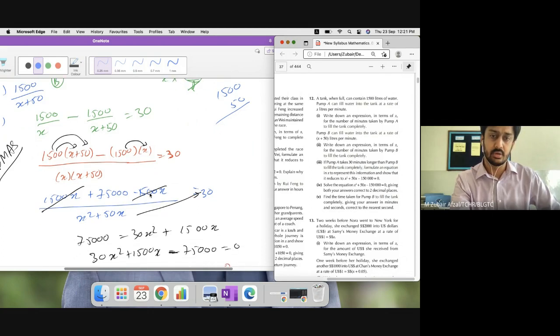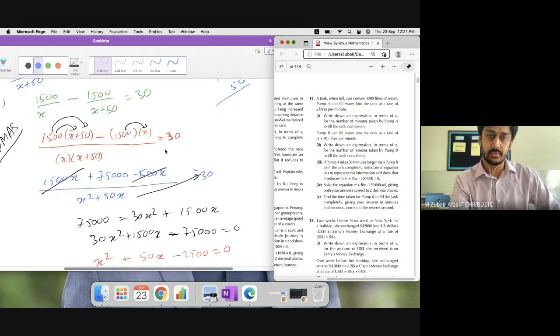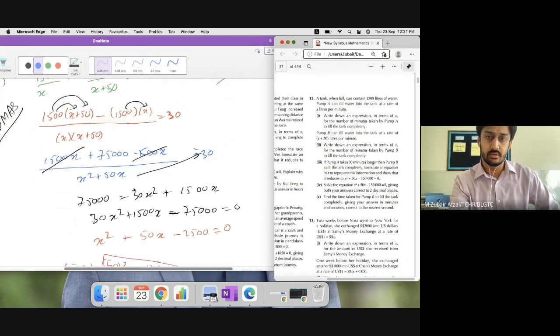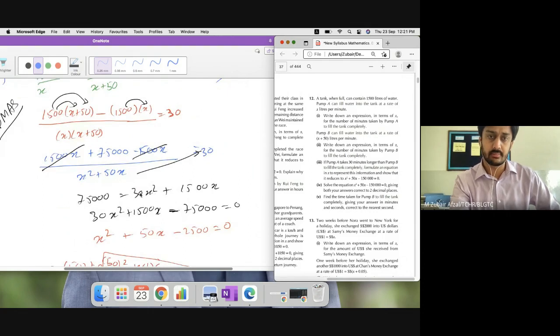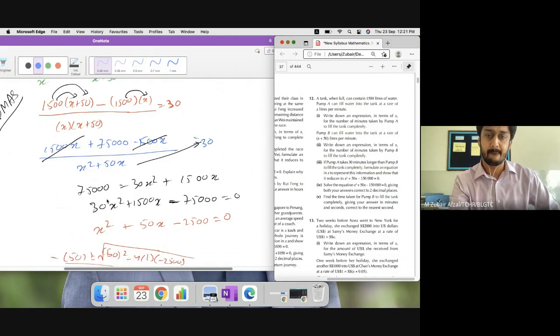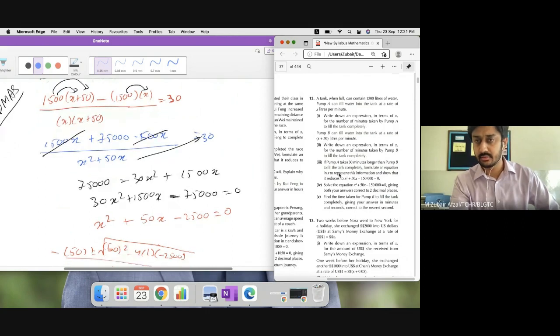This is equal to 30. When you multiply this out, it is 1500x, 30x square, and 75,000. This reduces to 15,000.